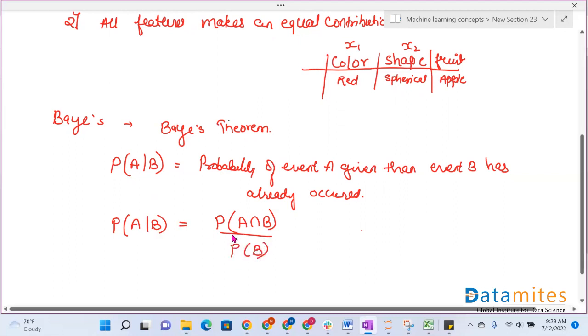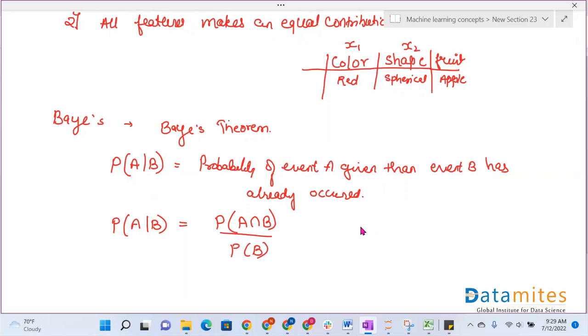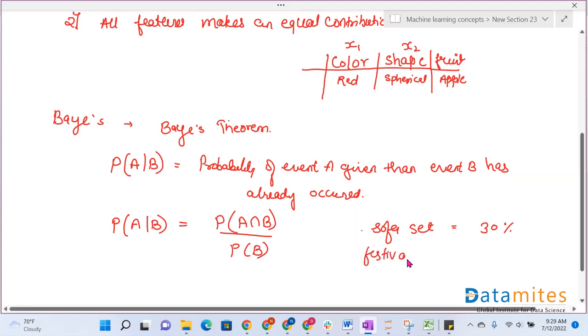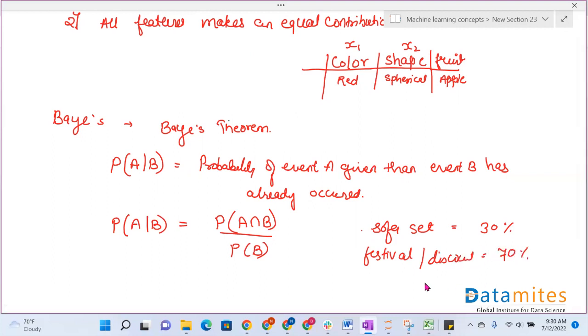Let's understand conditional probability with an example. For example, you went to a furniture shop to buy a sofa set. The probability or the chances of buying the sofa set is 30%. But on a festival day or a discount day, the chances increase to 70%, right?